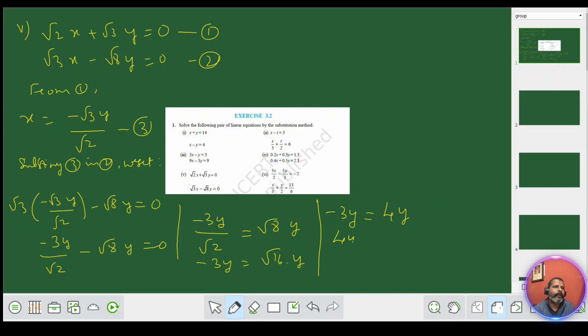What do we get? 4y plus 3y equal to 0, 7y equal to 0, y equal to 0 by 7, that is y equal to 0. Okay, clear? Now substitute this in 3. See, you write it. Substituting this in 3 we get, okay?